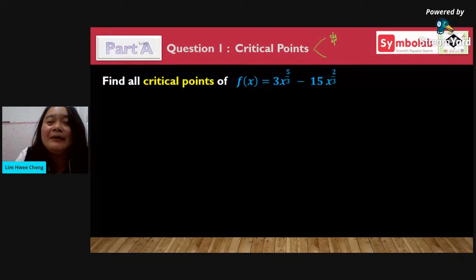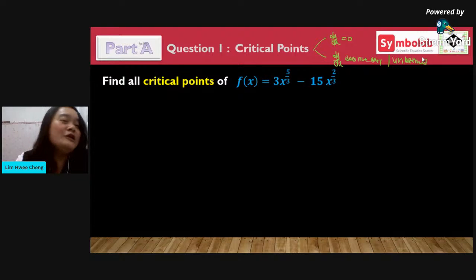Yes, very good. dy/dx is 0 or dy/dx does not exist, or is undefined. Very good, give yourself a clap. It means you have studied, you know this knowledge. So, critical point: dy/dx equal to 0, or dy/dx undefined. They do not necessarily always have these conditions.